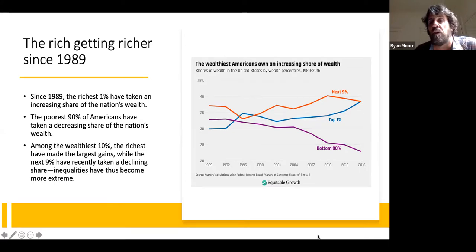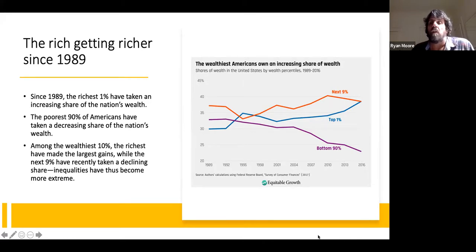And we see conversely that the bottom 90% of the population has seen basically a steady decline in their ownership of wealth. So whereas in 1989 the bottom 90% owned maybe a third of the total wealth, now it's less than a fourth.